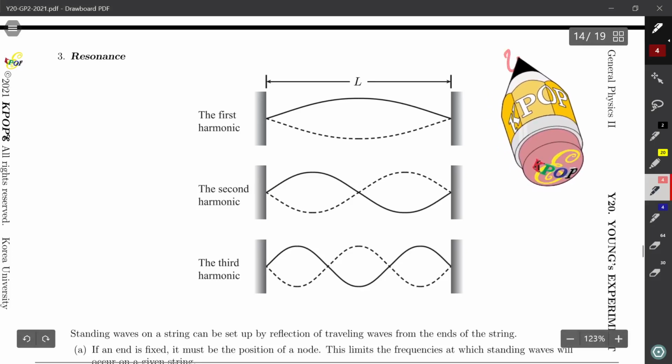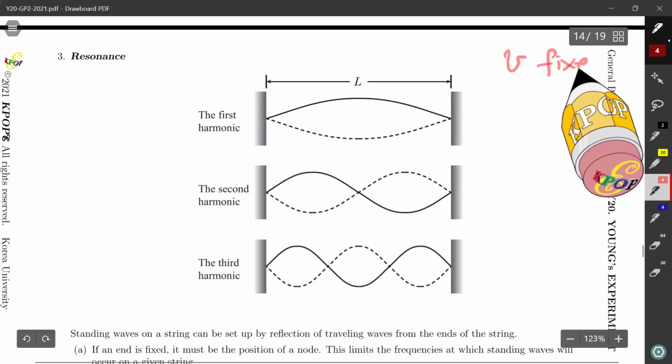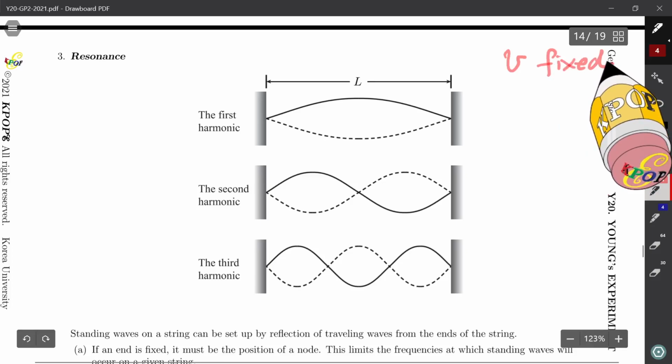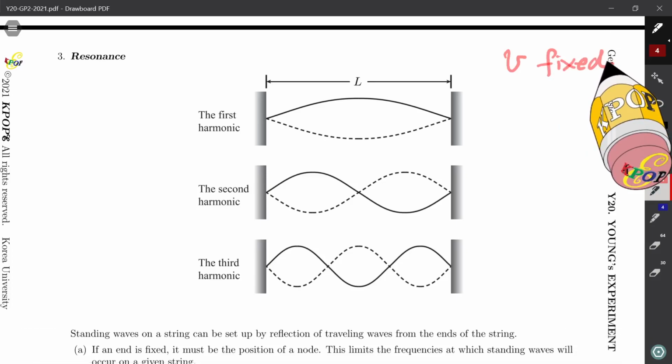So V is fixed according to the tension of the string and according to the mass density of the string. We do not consider the case that the mass density per unit length changes. We do not think the tension changes. So for a fixed tension and fixed linear mass density, the velocity of the wave is completely fixed.